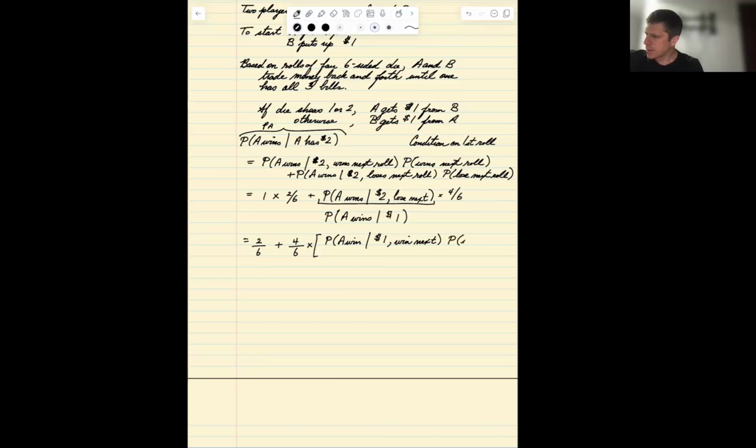Probability of winning the next. So we're just using the law of total probability again. Condition on the first and condition on the next step. Plus the probability that A wins given $1, losing the next, and the probability of losing the next.